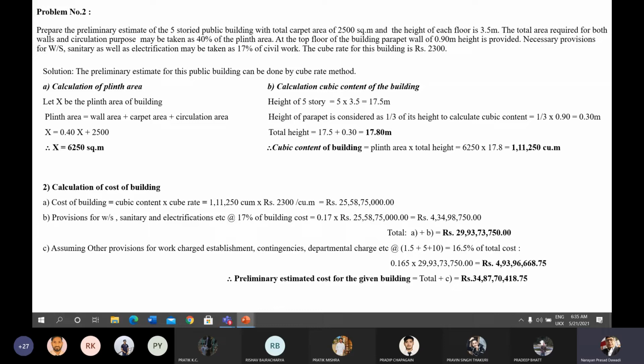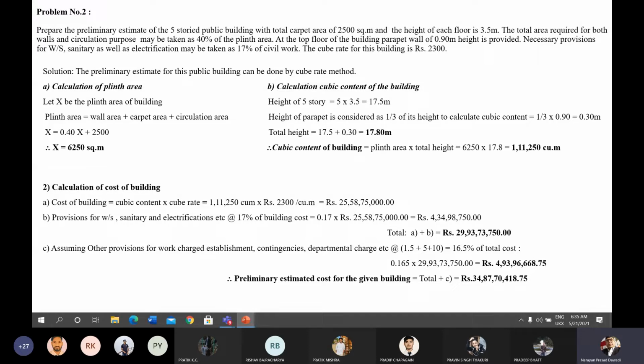But if the parapet wall is given, then you should not take the total height of the parapet. Only take 1/3 height of the parapet for calculating the total height of the building. Okay, this is the way of calculating the preliminary estimate of the given building.